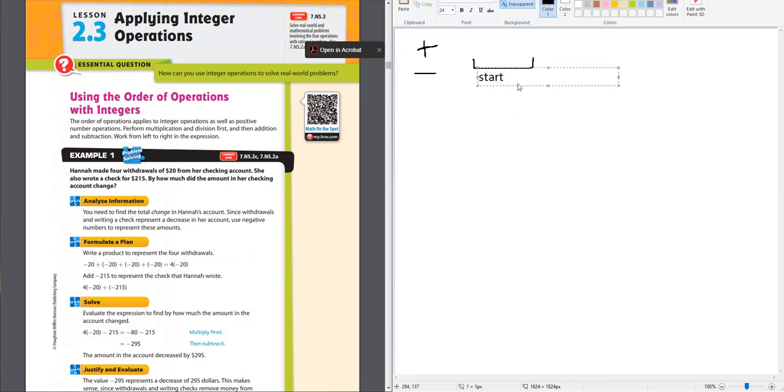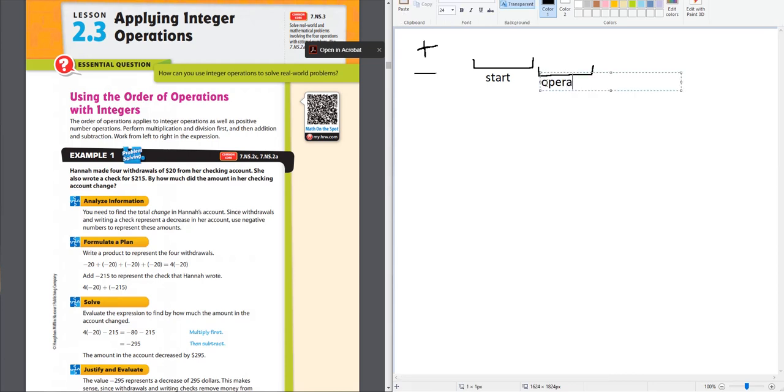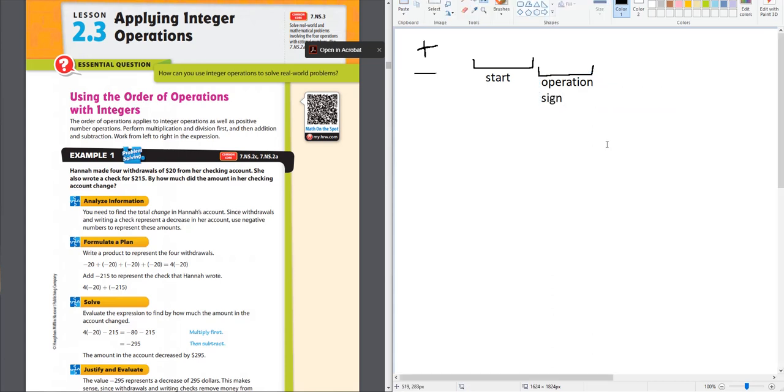So this would be the number on the farthest left. And then you're either going to be adding, subtracting, whatever your operation, right? Let me type it out so it'll look a little better. This is your operation and your sign. And then you're going to have whatever number is on the right.